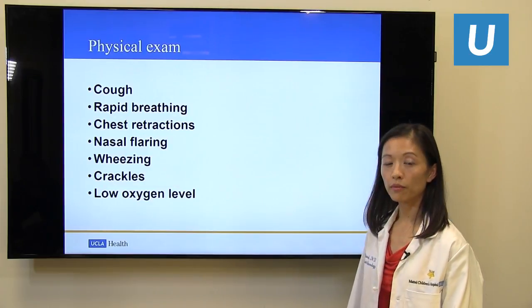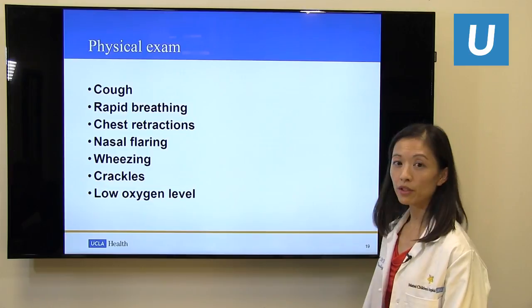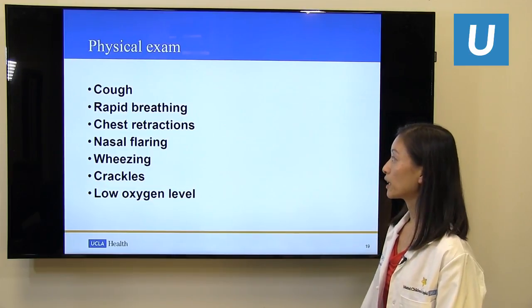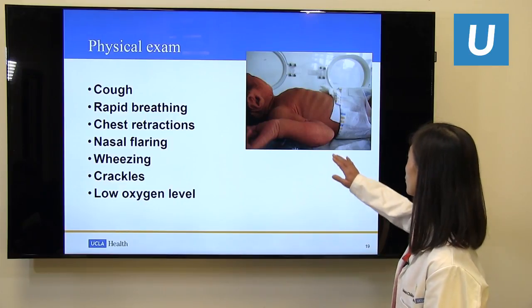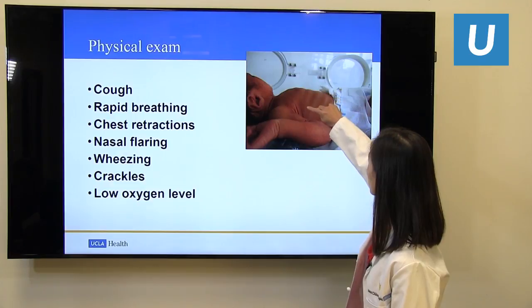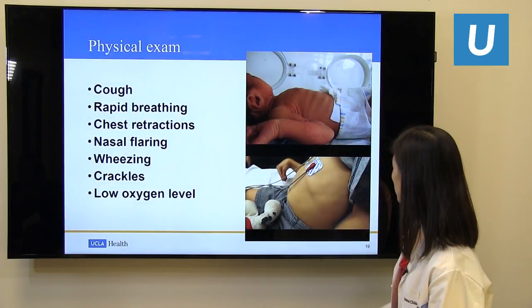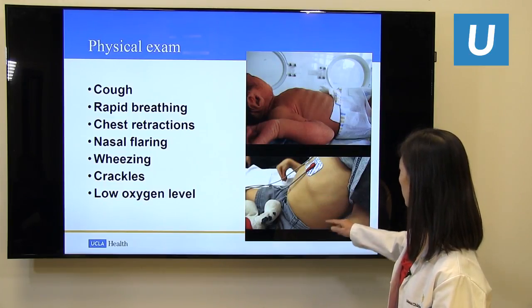The physical exam in a child with bronchiolitis can include cough, rapid or fast breathing, and chest retractions, which I mentioned earlier. And in this picture, it shows you chest retractions in this infant. And that's represented by the prominence of the ribs. And you can also see in this picture the lower border of the ribs.